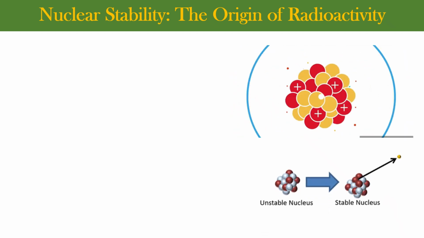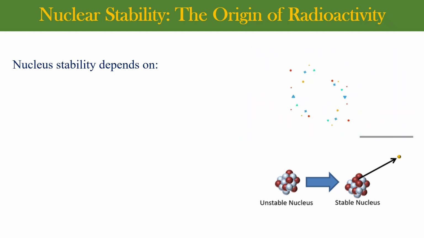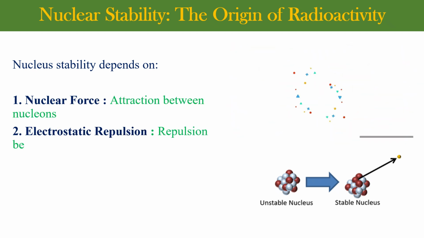Now we connect atomic structure with radiation physics. Inside the nucleus, two opposite effects exist. Protons have positive charge, so they repel each other, but nuclear force holds protons and neutrons together. For a stable nucleus, these forces must remain balanced.